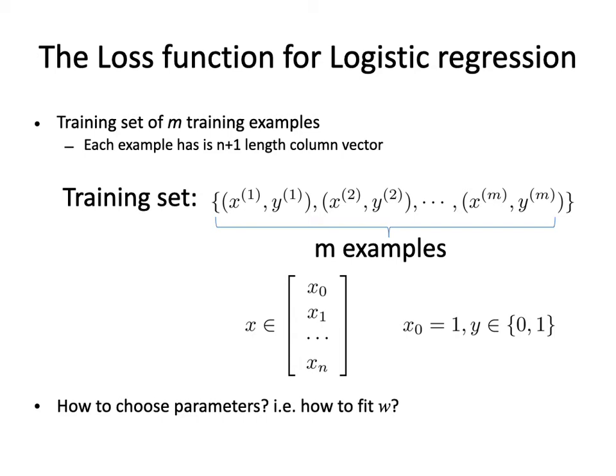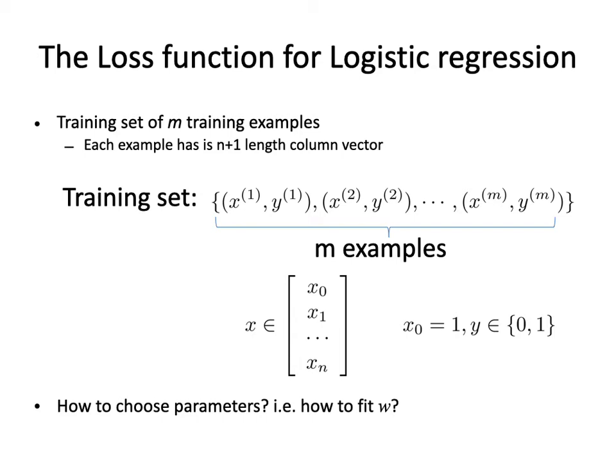Let's suppose we are given a total of m data points or training examples, and each example has n features and one label or category, denoted by y, whose value is either 0 or 1, as we are considering binary classification. As we have n features, each example will have an n plus 1 length column vector, and a total of m training examples with features and category or label y.